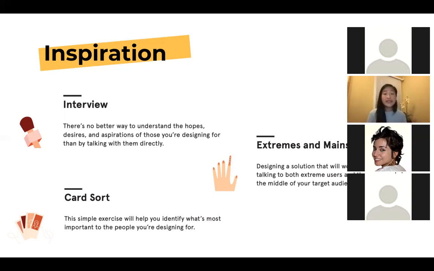When you're interviewing someone, it's best to do it in a place that they are comfortable in, maybe their house. You want to start by asking broad questions about their life, their values, their habits, before you ask more specific questions about the challenge that you're trying to solve.